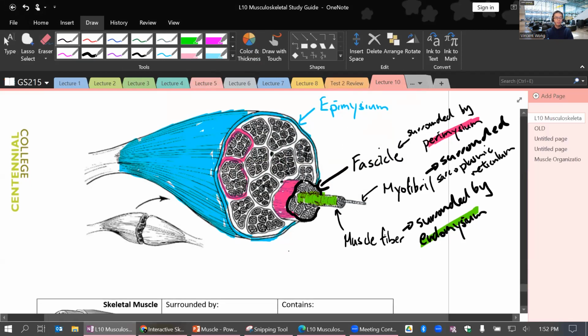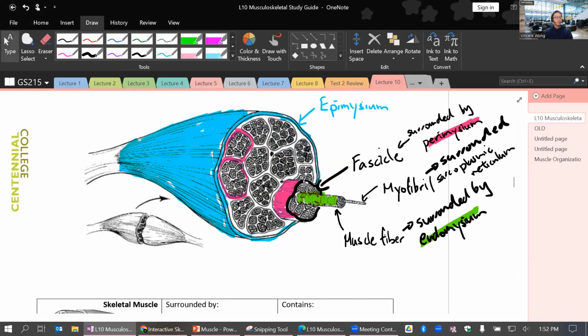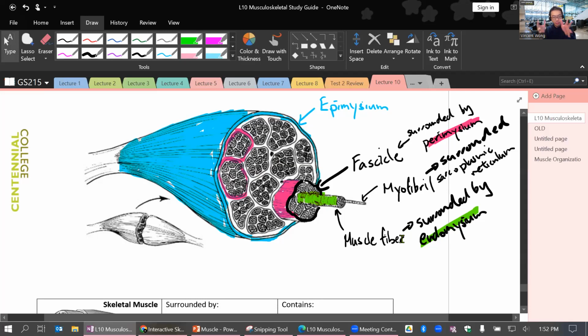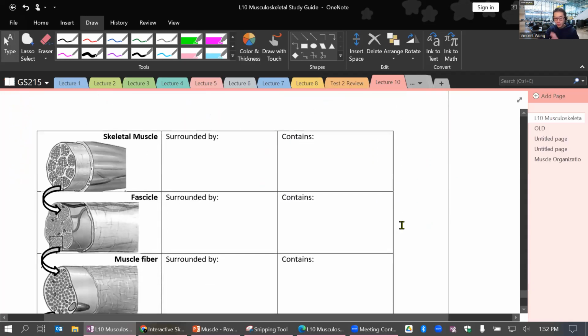I hope that makes a little bit of sense to you. Now I'll put it in a table format below, to go through it one more time so there's no confusion. The skeletal muscle, the entire muscle, is surrounded by epimysium, the blue stuff. What does the muscle contain?